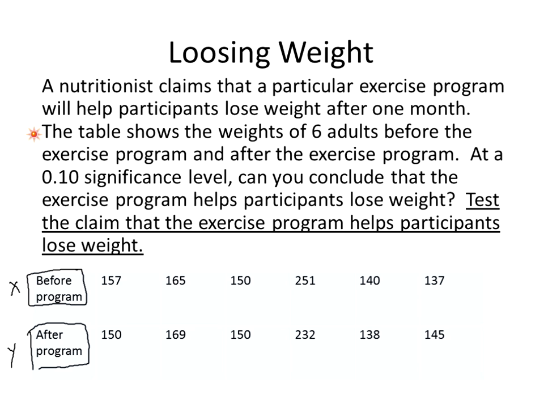The table that you have here shows the weights of 6 adults. So that's your first adult, your second, third, fourth, fifth, and sixth. So each column represents 1 adult. And so you have the weights before the program and after the program. But your total sample here is 6. That's how many paired data you have. So N equals 6.